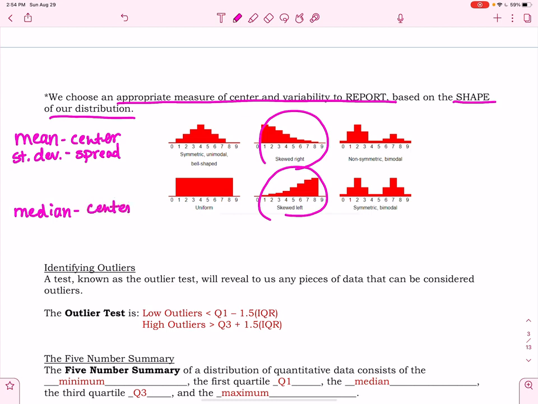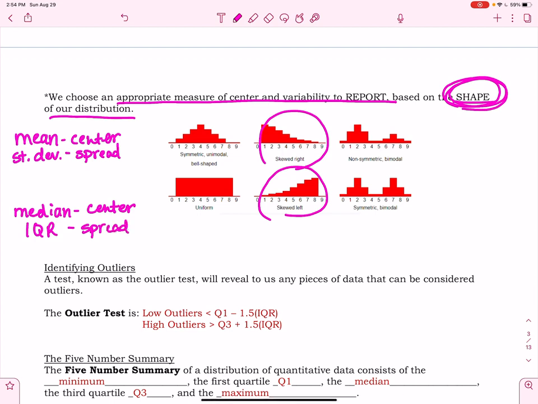And keep in mind, when in doubt, if you've got a set of data that looks like it might be a little right skewed, but it's mostly symmetric and you can't really decide, it could go either way. It doesn't matter which way you go, as long as whatever shape you're reporting, you choose the correct measure of center and spread. So the IQR is the measure of spread when you choose median.